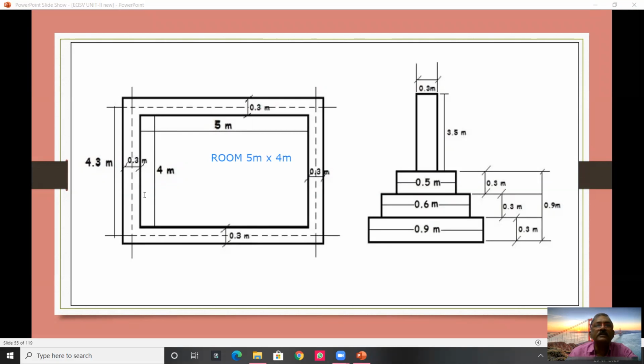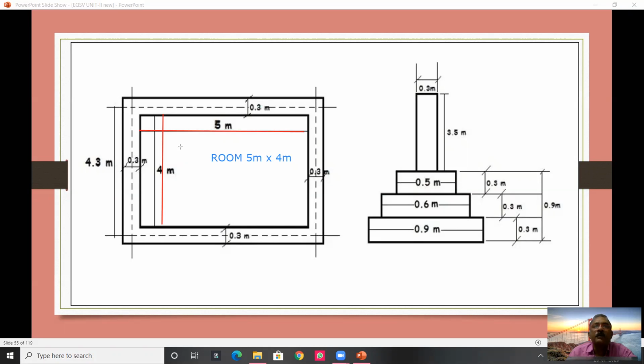So the shorter direction is 4 meters. This is the shorter direction, and you can say this is the short wall, from here to here. This is the long wall, 5 meters.